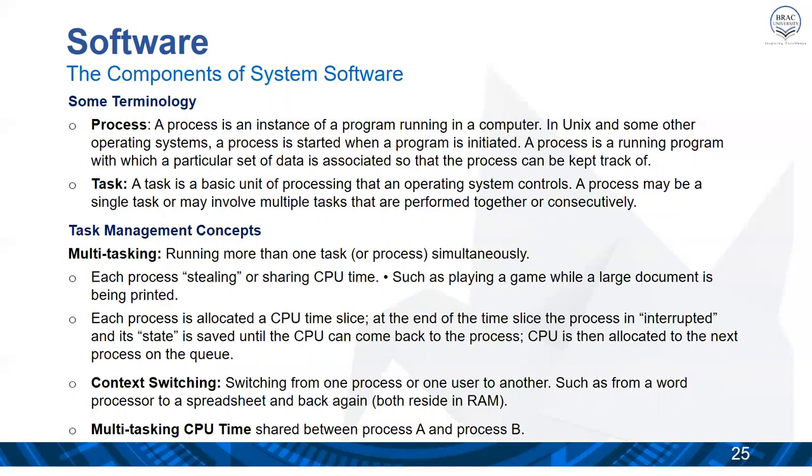Unix and some other operating systems refer to a process which is started when a program is initiated. A process is a running program with which a particular set of data is associated so that the process can be kept track of.